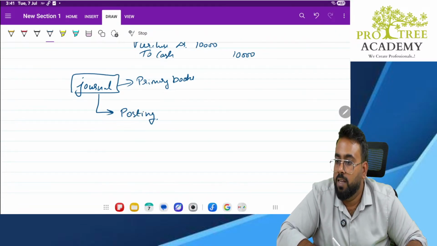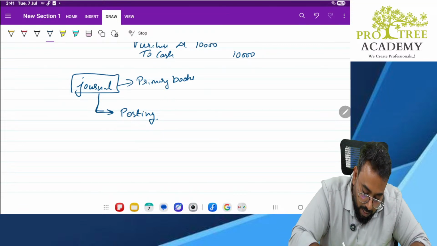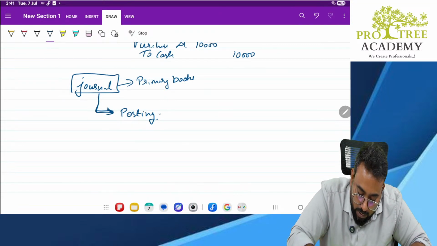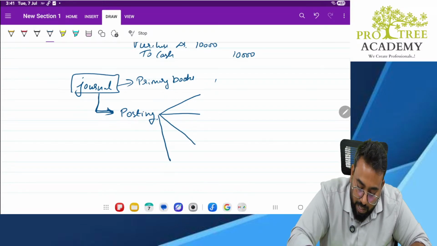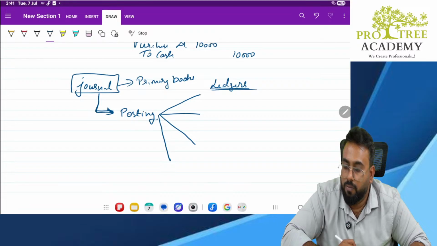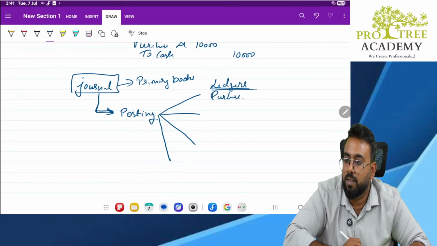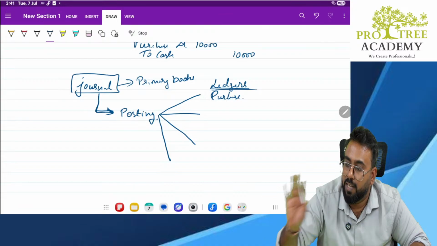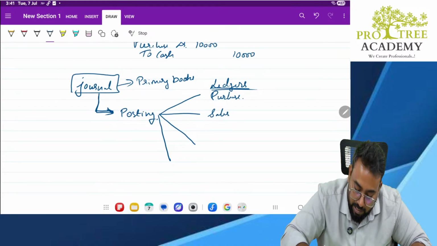posting. What do we do in this posting process? From the journal, we post the things to different books called ledgers. For example, purchases will be put in the purchase ledger. Sales will be put in the sales ledger.